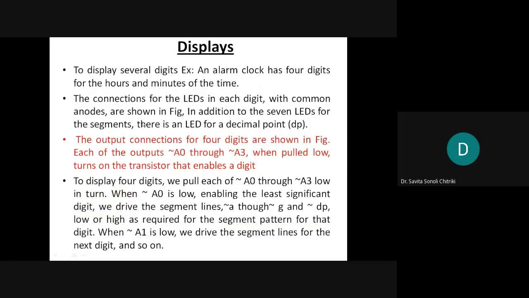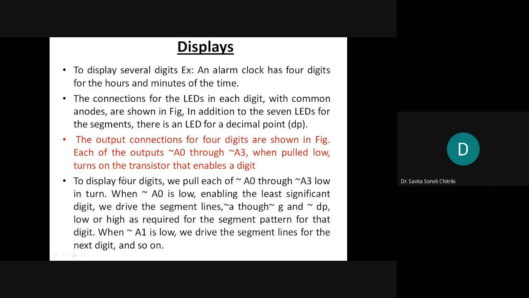So the connections for the LEDs in each digit with common anodes are shown in the figure. In addition to the 7 LEDs for the segments, there is an LED for the decimal point also. The output connections for the 4 digits are shown in the figure. Each of the outputs A0 through A3, not of A0, is active low enabled.